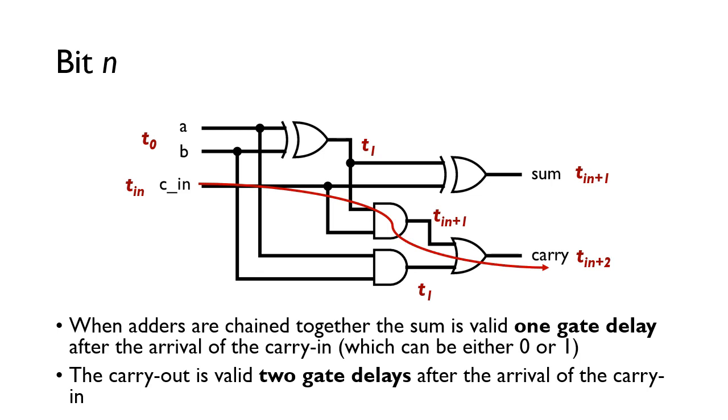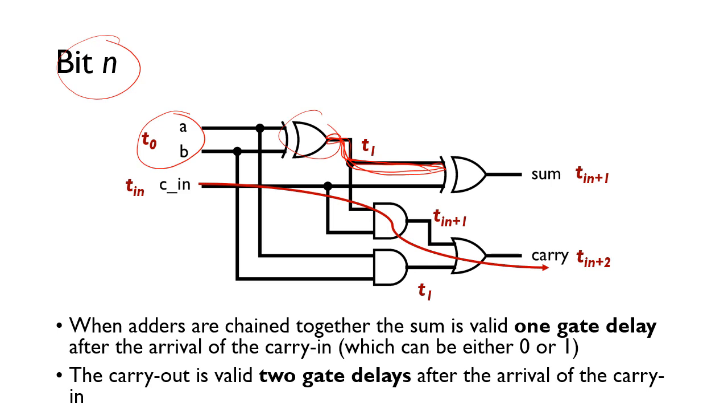Now we'll look at a more general case of bit n, as I've called it. This is for a later bit in the chain, so bit 1, bit 2, bit 3, and so on. For all the full adders in the ripple carry adder, the inputs are applied at T0, and so we know we're always going to have this node here at time 1 because of this gate delay.